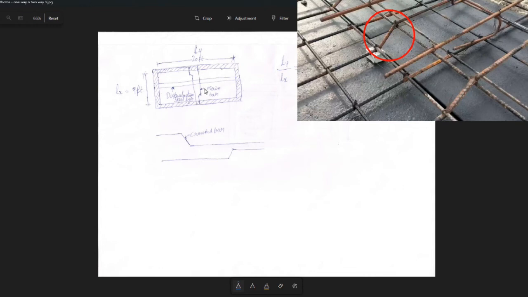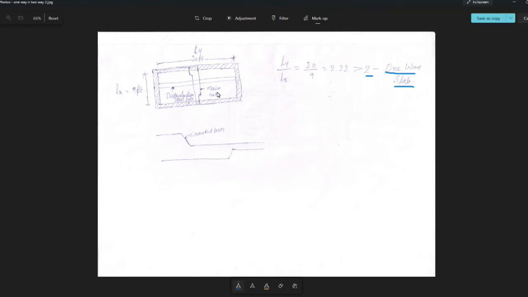In the other length we are not going to put the crank, because in the one-way slab only one side is going to deflect. Suppose this is the slab, only one side is going to deflect. And in the two-way slab, on all sides it is going to deflect.